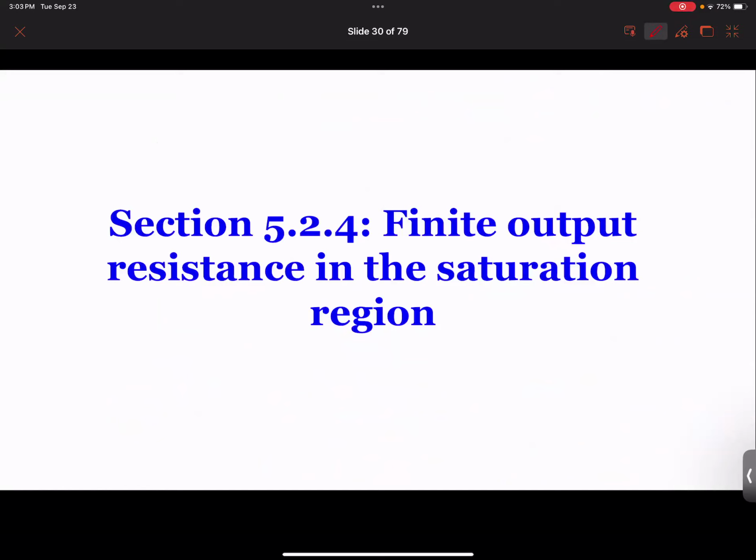So now we're going to move on to talk a little bit about the relationships with the finite resistance during the saturation region.